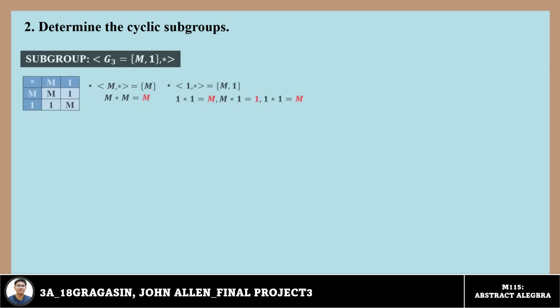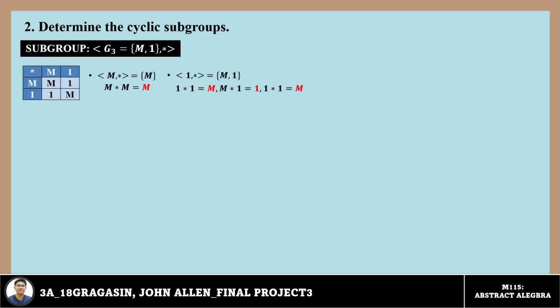Next, we have the subgroup G sub 3 with elements M and 1 under the binary operation star. So let's check if the element M is a generator. As you can see, it doesn't generate the entire subgroup G sub 3. And then let's check if the element 1 is the generator. So 1 star 1 is M and M star 1 is 1.